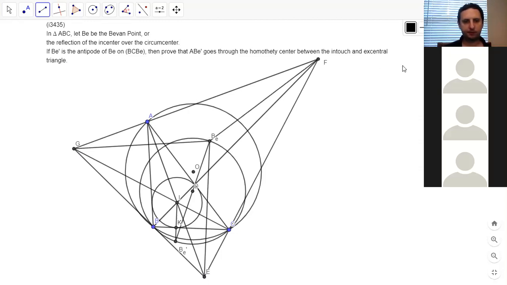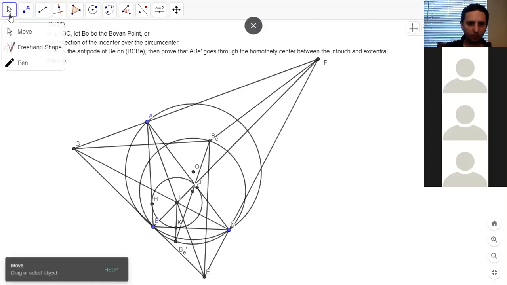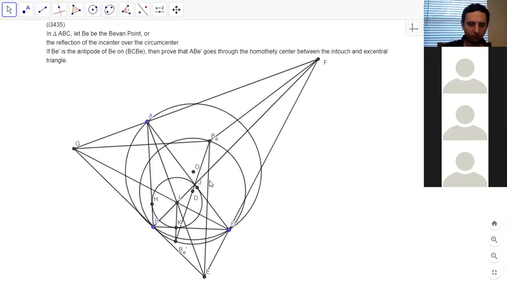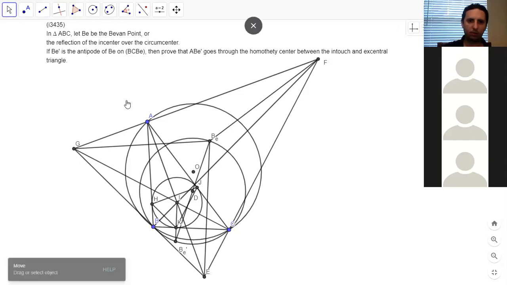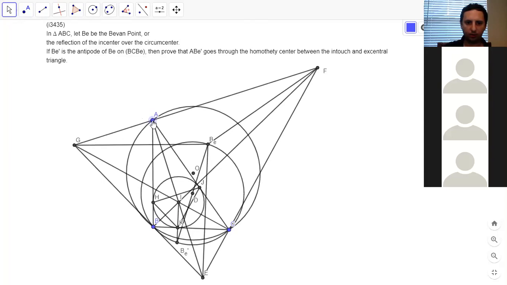So yeah, the intouch triangle and the excentral triangle are homothetic, as the problem mentions. So yeah, what is the center of homothety? It lies on line OI. It lies somewhere on the line OI.